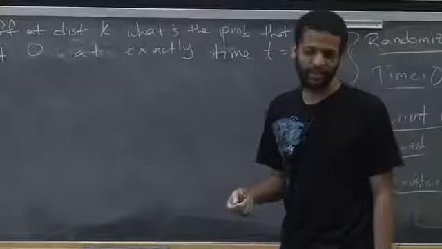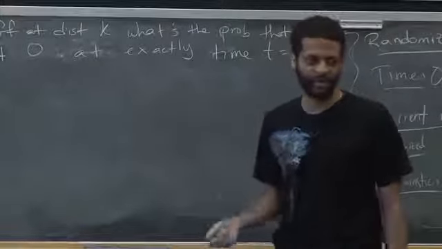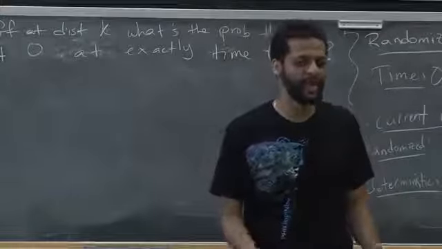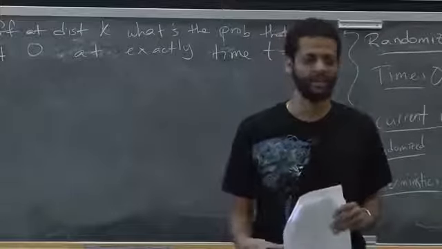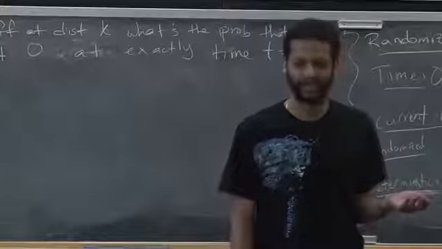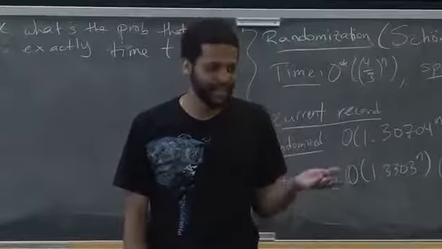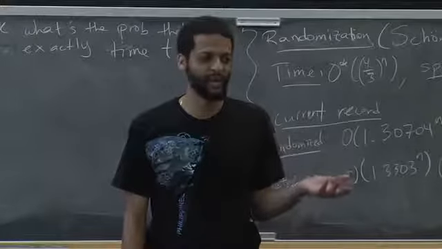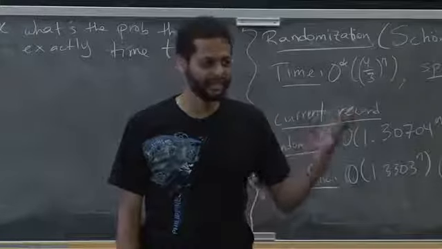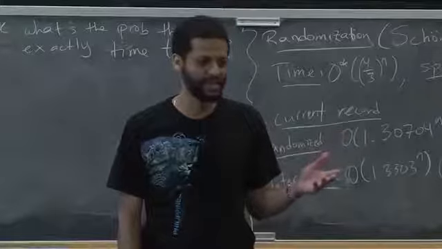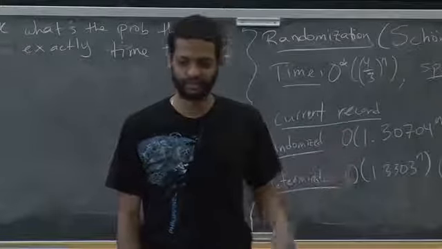So what do you do now to get an algorithm which runs in time 4/3 to the n? Well, we know that every trial you succeed with probability roughly 3/4 to the n. You succeed with probability p, so repeat it 1 over p times, and you expect to succeed at least once. And that's where the 4/3 to the n is going to come from. Does that make sense?